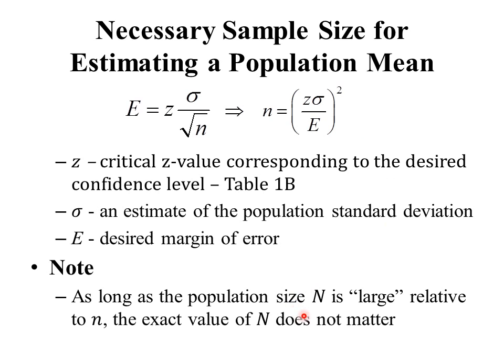As long as the population is large, its exact size just doesn't matter. It could be 5,000, it could be 10,000, it can be 10 million, 10 trillion, it doesn't matter. All that matters are really the confidence level, the standard deviation, and then the desired margin of error.